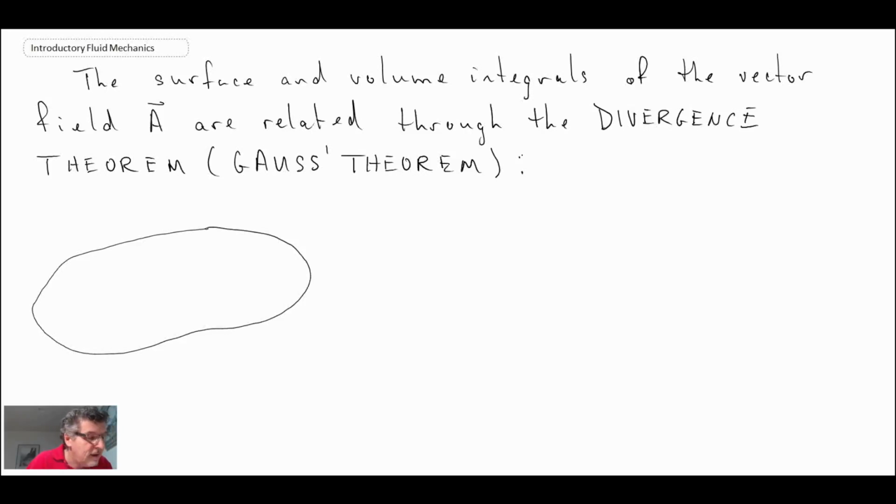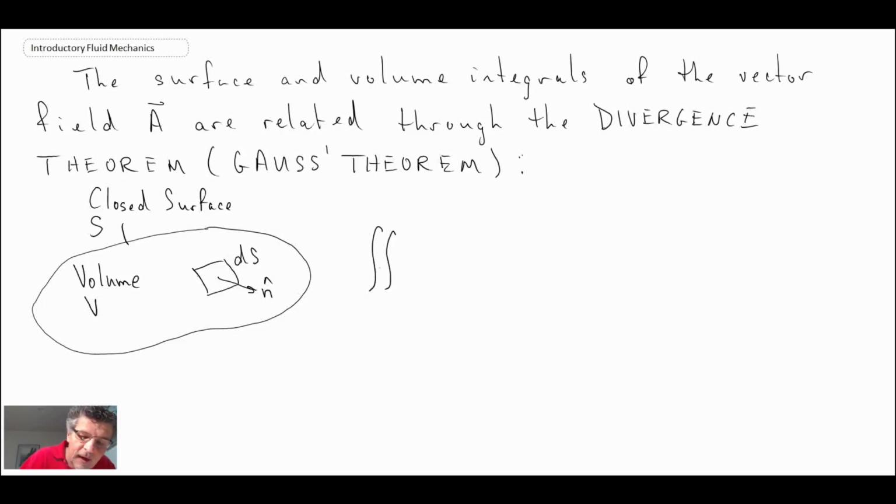In this case, we have a closed surface encapsulating some volume V. That's closed surface capital S. And then we're going to have some unit vector n, multiplied by the scalar value of our differential element dS.